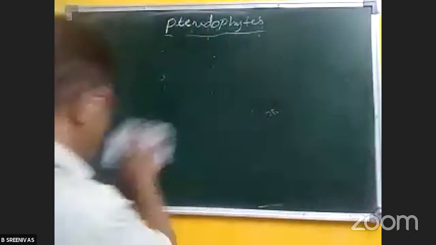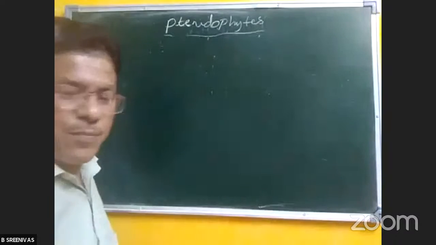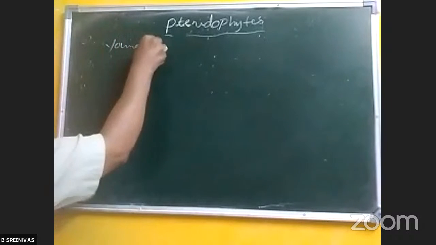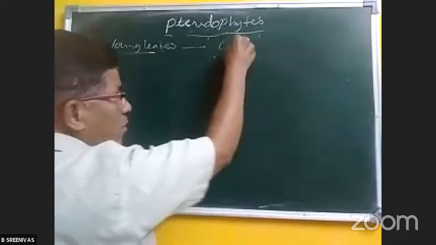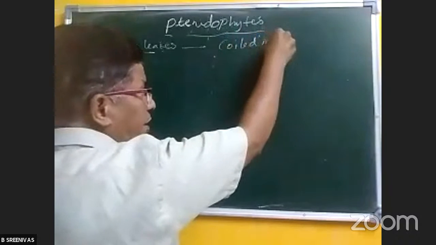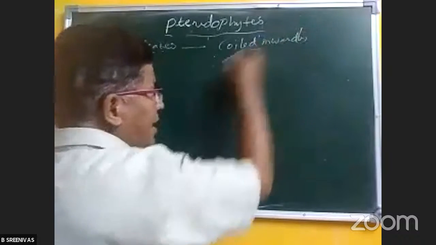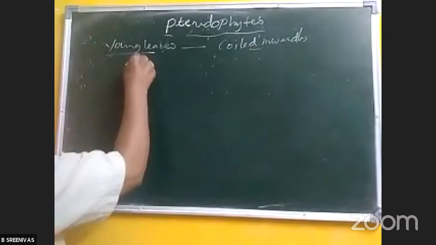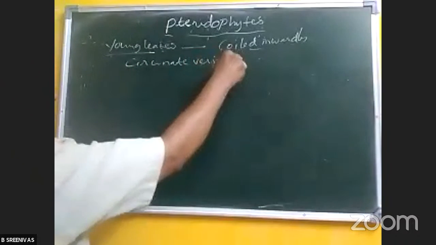So here, in some plants, in the young stage, young leaves are coiled inwardly. That inward coiling is called circinate vernation.